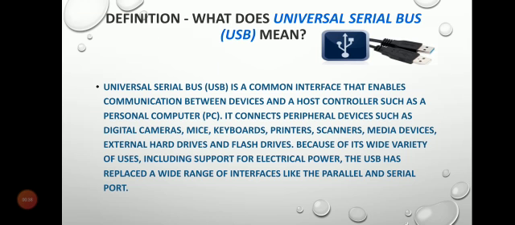A universal serial bus is an asynchronous serial transmission data method, and it has quickly become the standard method for transferring data between a computer and a number of devices.